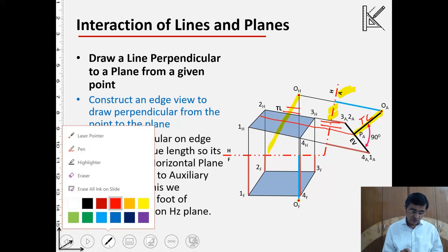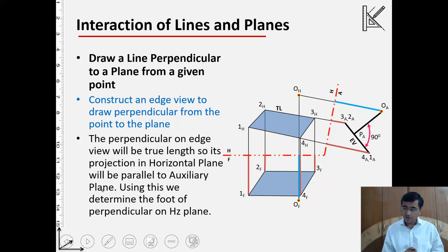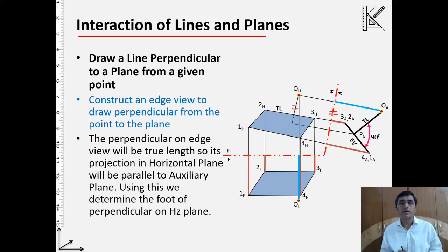So making use of this concept now, from OH I will be drawing a line parallel to this line, which is parallel to the auxiliary plane. This is why, because it is parallel, I see the true length of OA, PA or line OP onto the auxiliary plane.